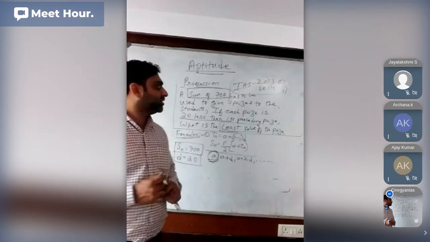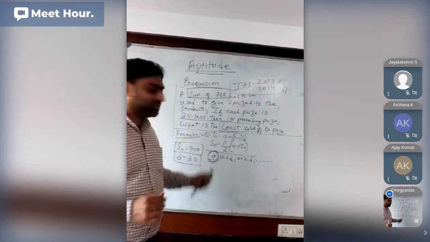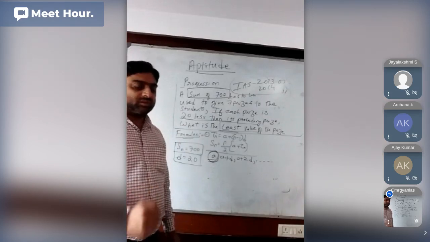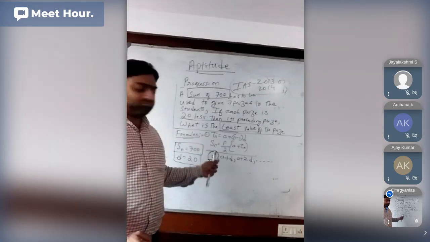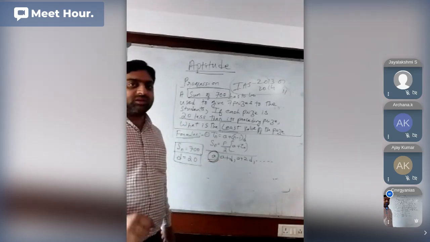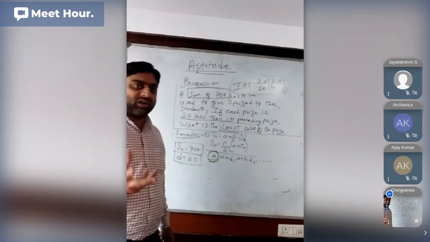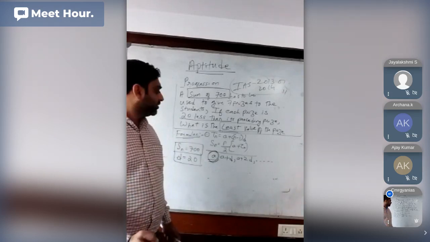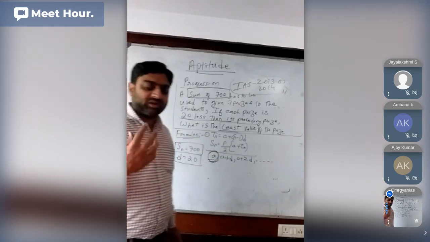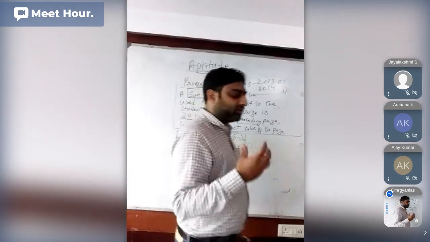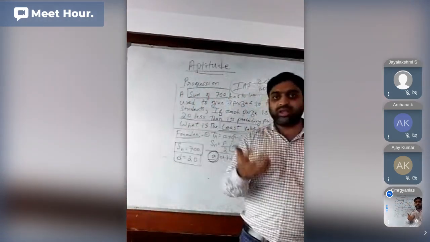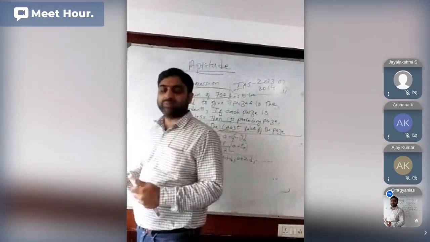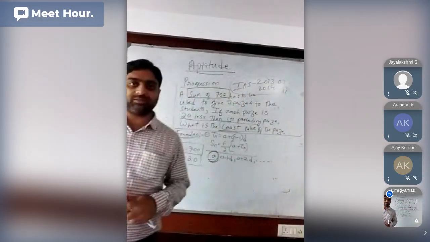This was asked in 2013 or 14. You should be in a position to answer this in at least 1.5 minutes. I'll give you 2-3 minutes to try to bring out the logic, because this is how you will get the problem. The same problem you may not get, but same type problems you will get.